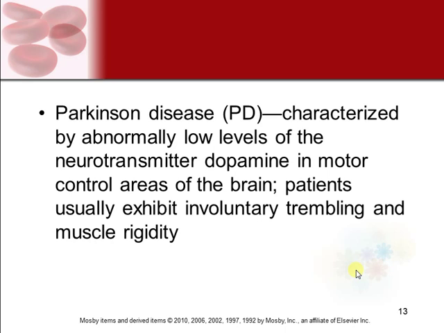These patients normally exhibit involuntary trembling or muscle rigidity, because dopamine is used in your muscle relaxation controls, the relaxation and tension parts. That's telling your body to tense and relax normally, and now those neurotransmitters are not working correctly, which is where you get all that involuntary muscle rigidity and movement, because there are such low levels of dopamine. And that's what Parkinson's disease is.